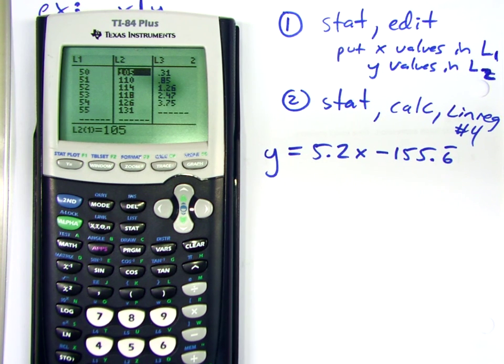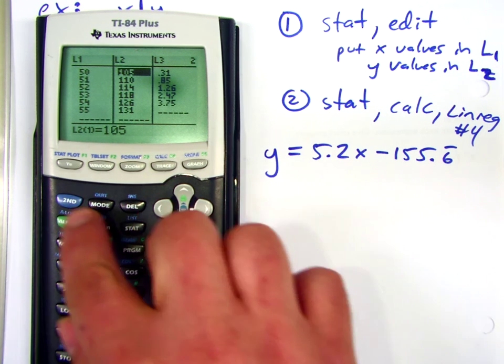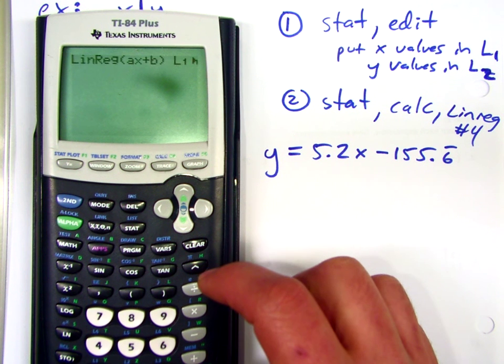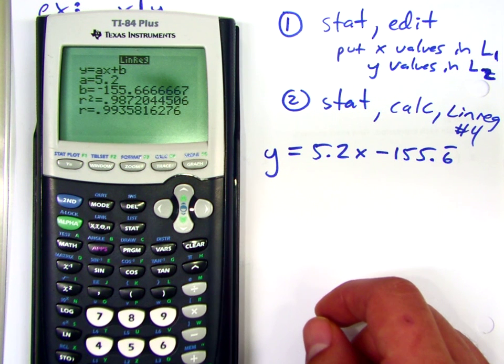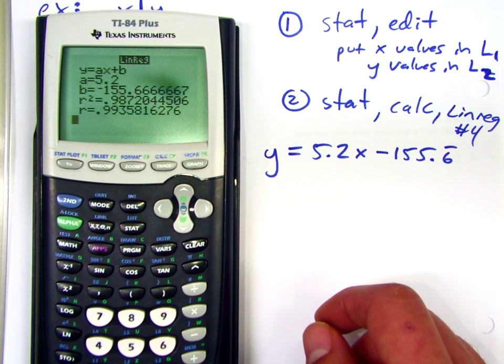I'll tell you. You put 114. Is it 120 or 126? Then yeah, you're good. And what do you see? My B is negative 157.